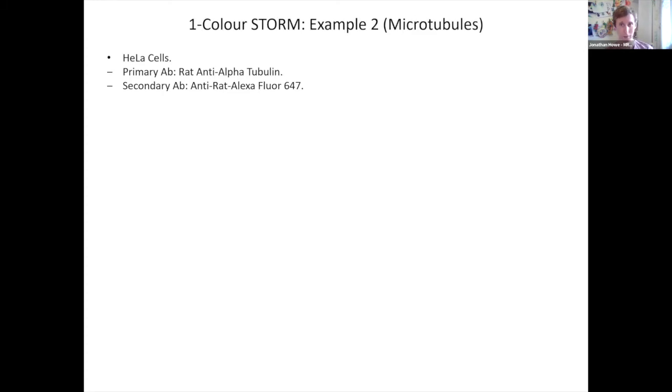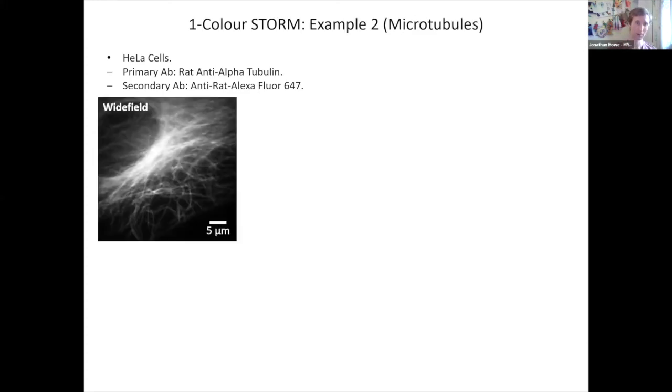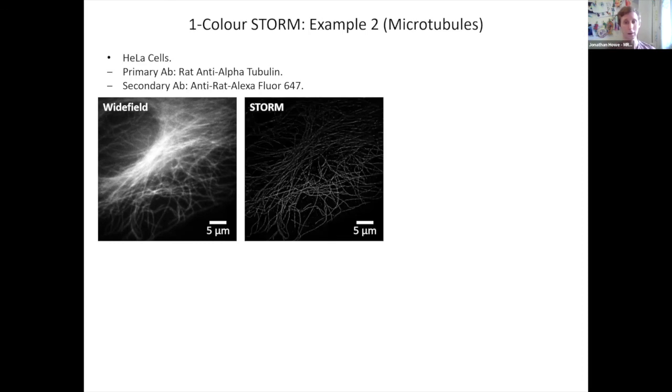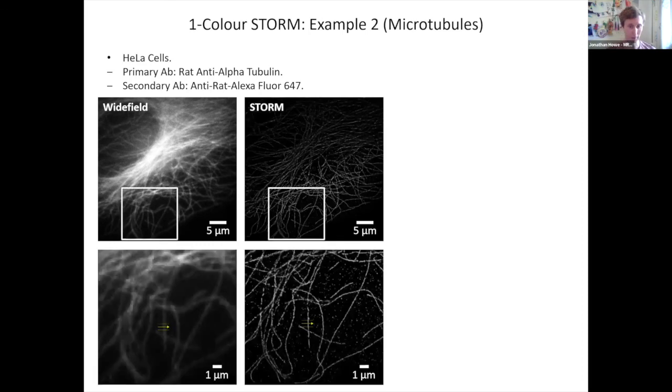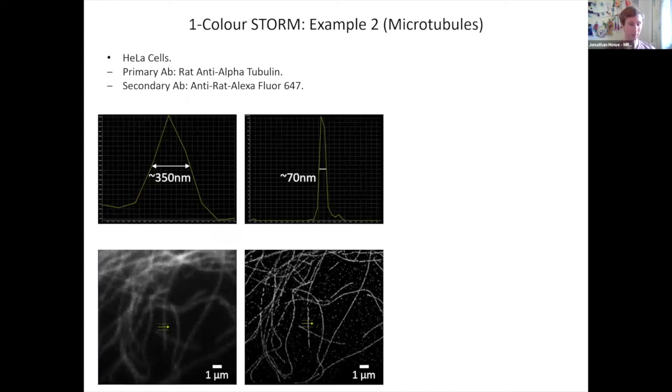As I said, I like to show images of microtubules. So here is a wide field image taken on our TIRF microscope of microtubules. This is the STORM image. And if we blow that up, hopefully you can see that the resolution is improved. And if we take a line profile across the microtubules, just like we did in the STED example, you can see that in the wide field image, the full width half max is 350 nanometers, which is expected.